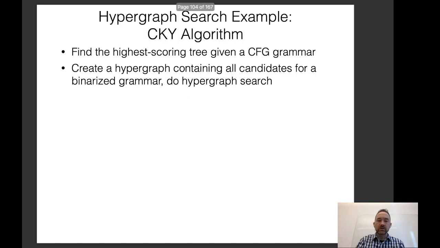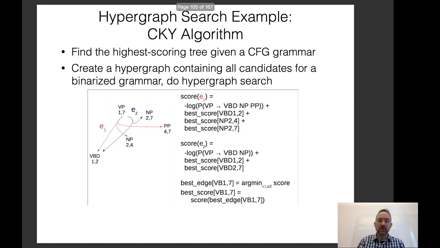One stereotypical example of such a dynamic programming algorithm is the CKY algorithm, which finds the highest scoring tree given a context-free grammar. The way it works is it creates a hypergraph containing all of the candidates for a grammar and does search over them.